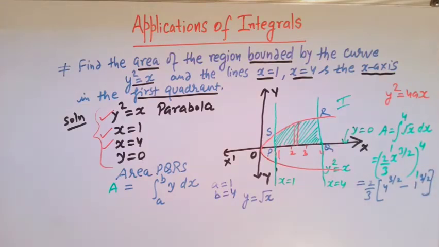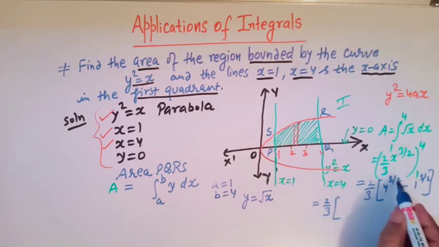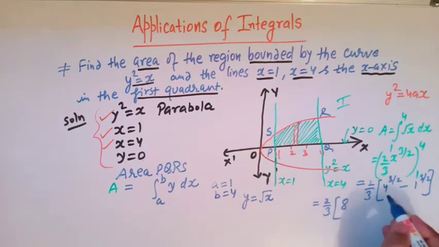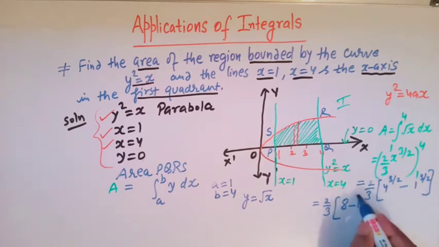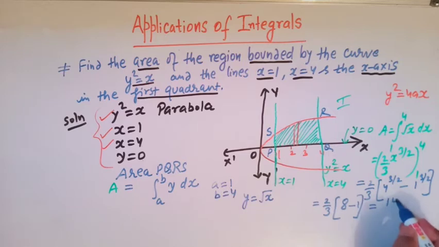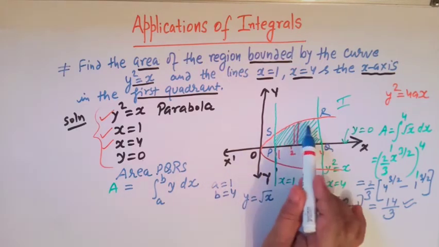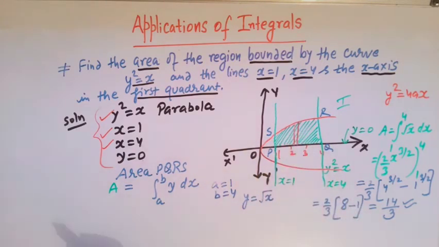Clear? Now this is 2 by 3, and 4 raised to 3 by 2 is 8, right? Okay, and 1 raised to 3 by 2 is simply 1. So we have 2 by 3 times 7, so we have 14 by 3. So this is the required value of the area of this shaded region. Clear?